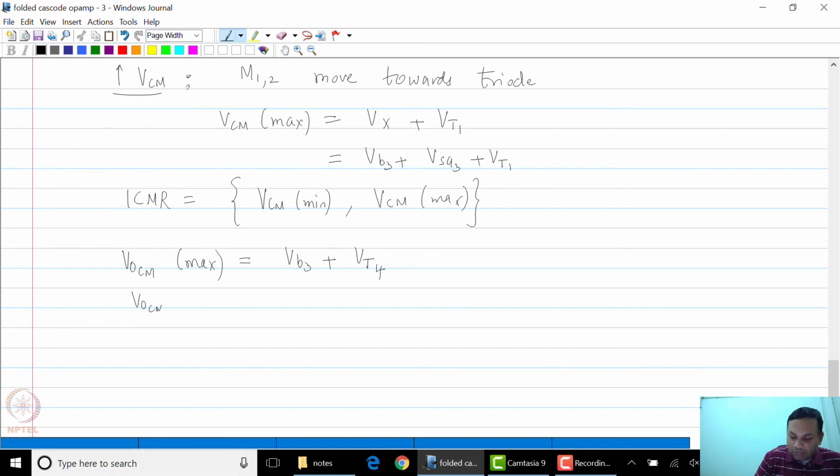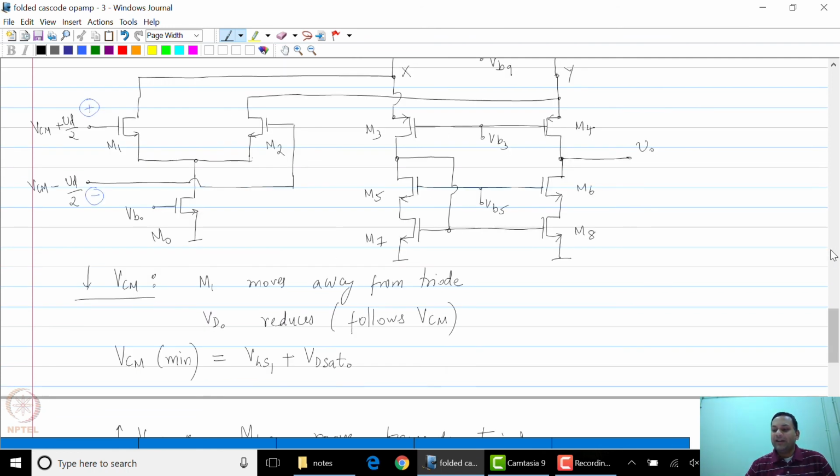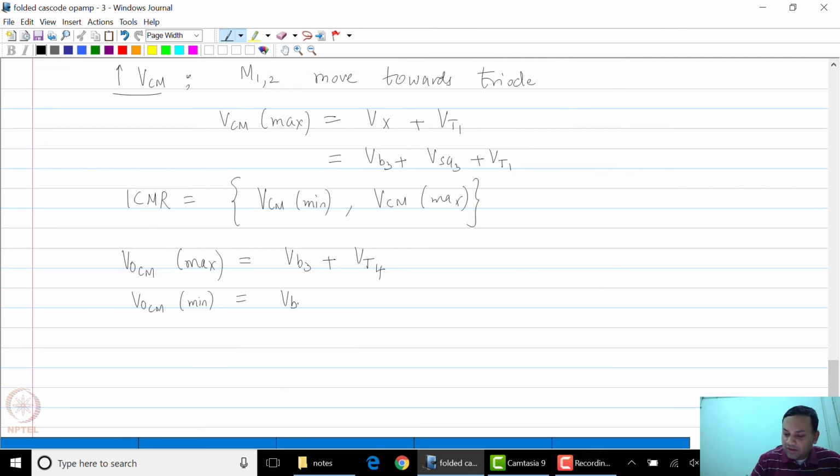VOCM min similarly is determined when the NMOS transistor M6 hits the edge of triode region. Gate of M6 is held constant at VB5, but the drain is swinging lower. It can swing one VT below the gate. So the minimum value is VB5 minus VT6.